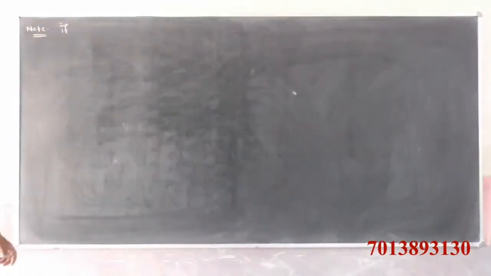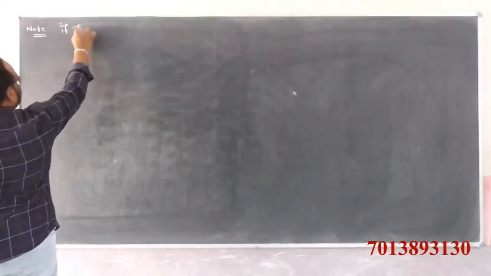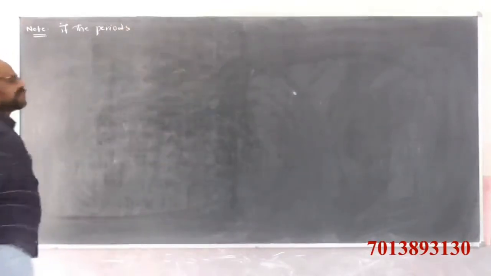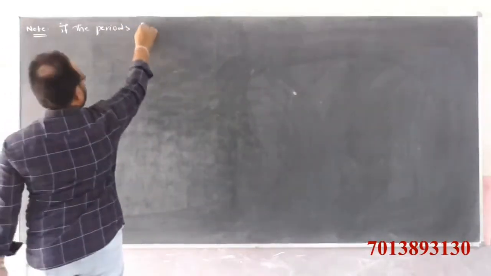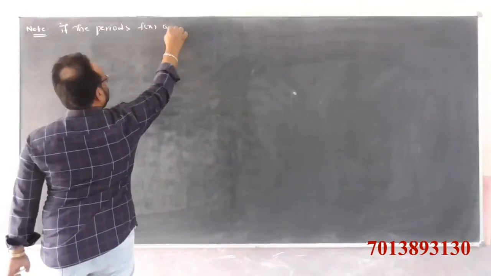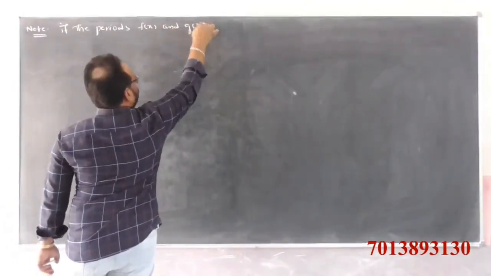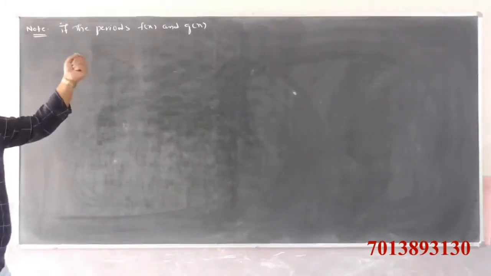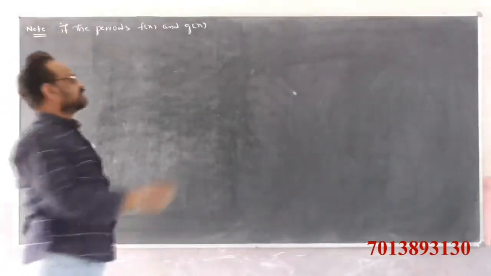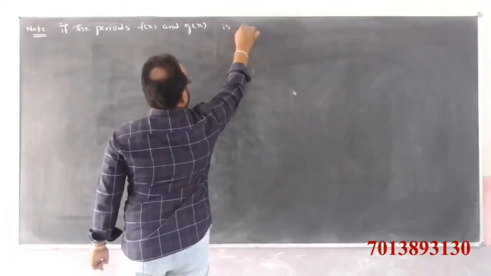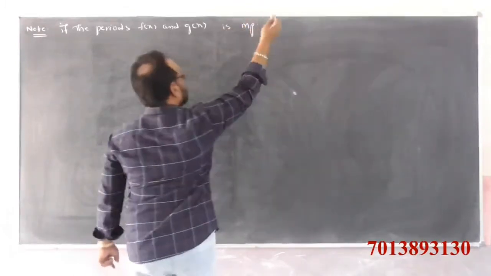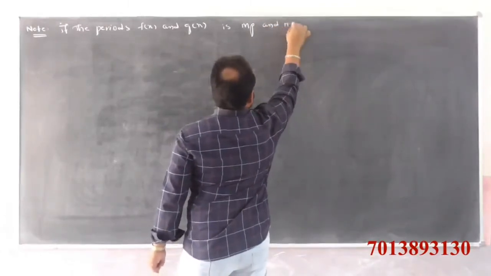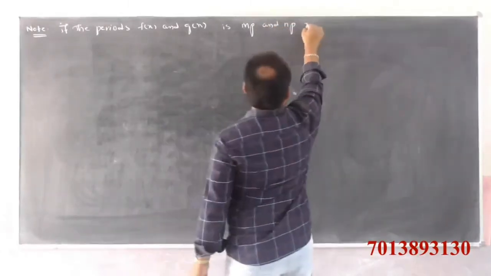If the periods of two functions, that is f of x and g of x, are mp and np respectively.